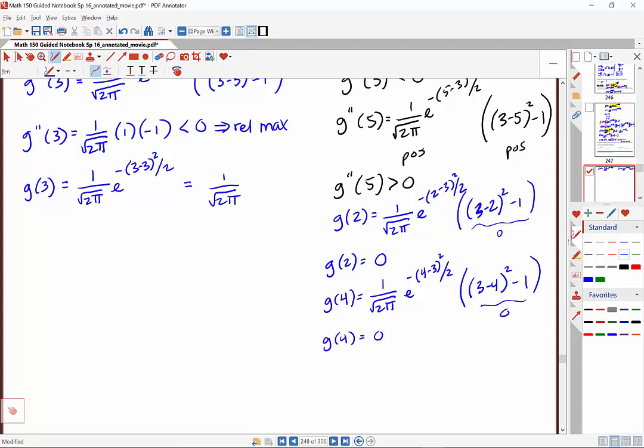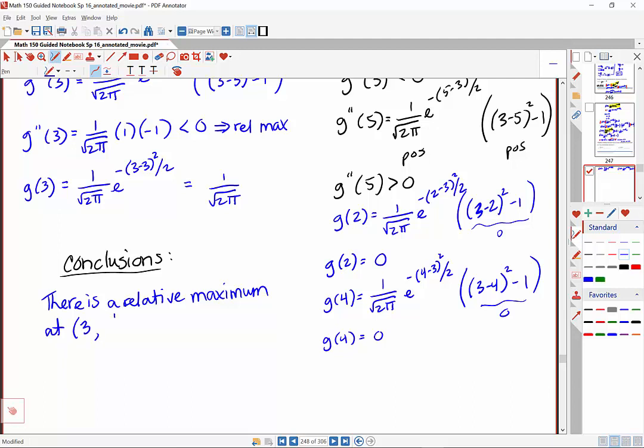So now let's put our conclusions. Finally, all right, so conclusions. There is a relative maximum at, what was our ordered pair? I think it was (3, 1 over root 2 pi).